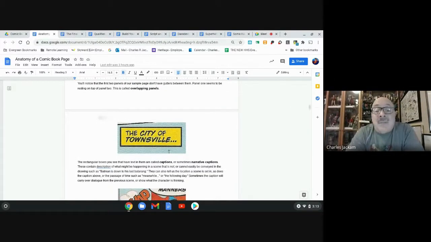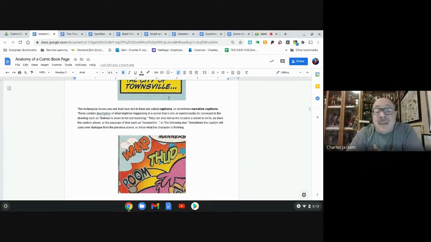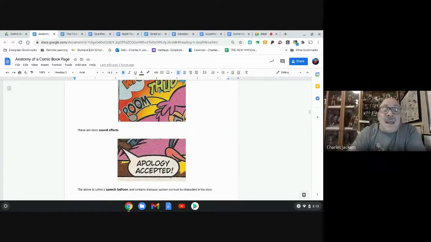This is a caption. You'll notice the caption is written inside of a rectangle. That's basically it. Here's some more examples of sound effects. And this is a speech balloon, in which case a person is saying something, and there is this little pointy part, which is oddly called a pointer, designating who is talking.